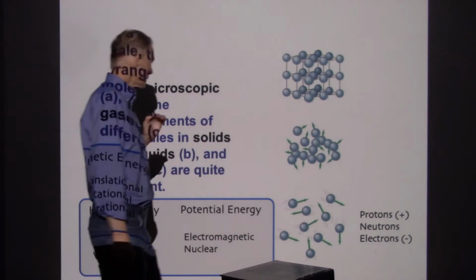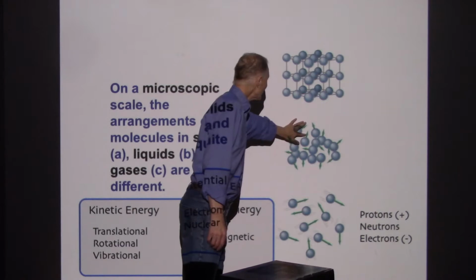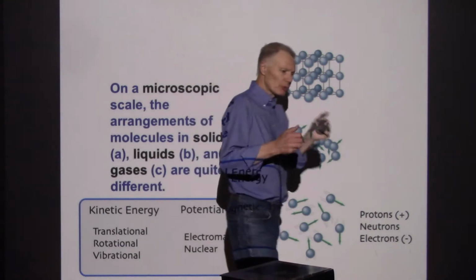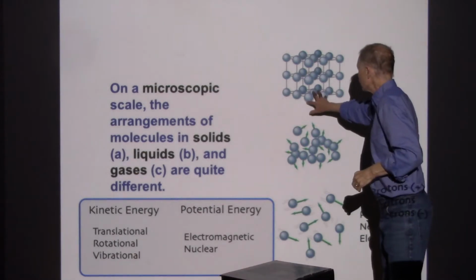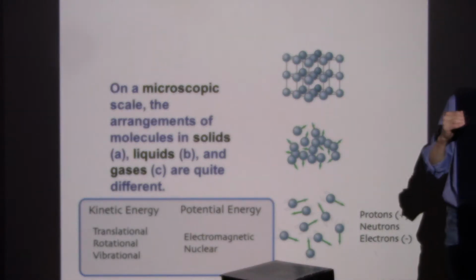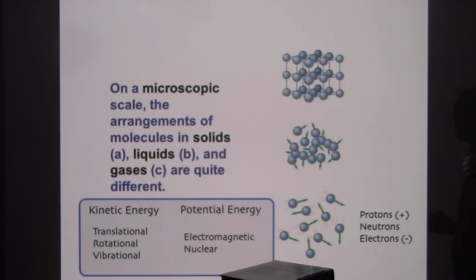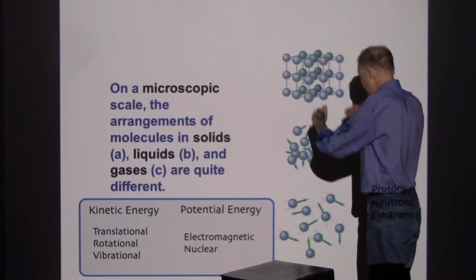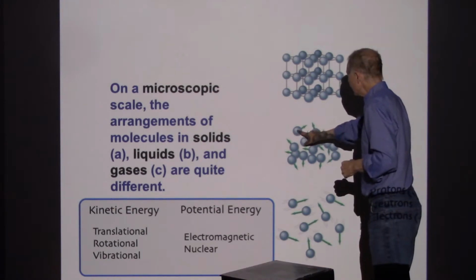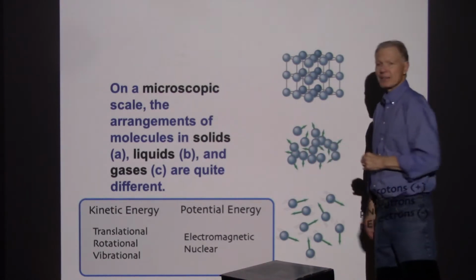So as a liquid, there's enough kinetic energy that the individual atoms can overcome the binding energy that was locking them into a crystal structure. The kinetic energy has gone up, the temperature has gone up, and now the molecules can move past each other.